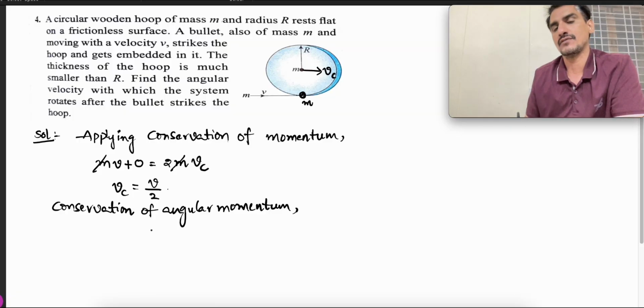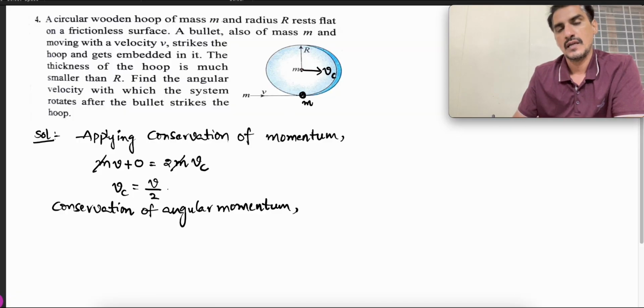The bullet comes to this position. So now here is the hoop, as well as here is that bullet. Am I right or not? So what is the center of mass of these two particles? This is completely embedded in it. So therefore the center of mass of the entire system is at this position.